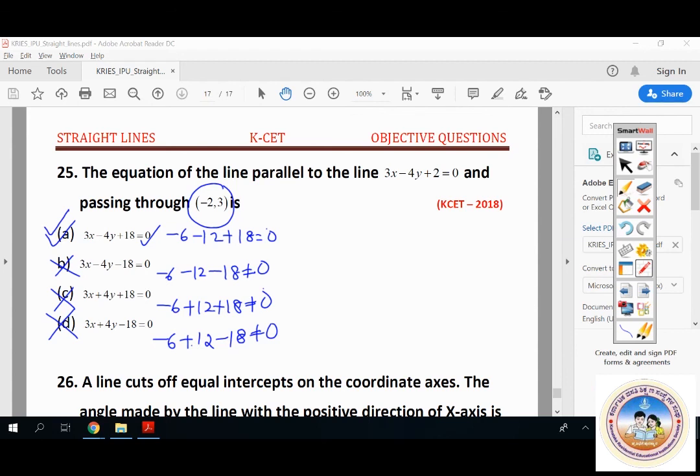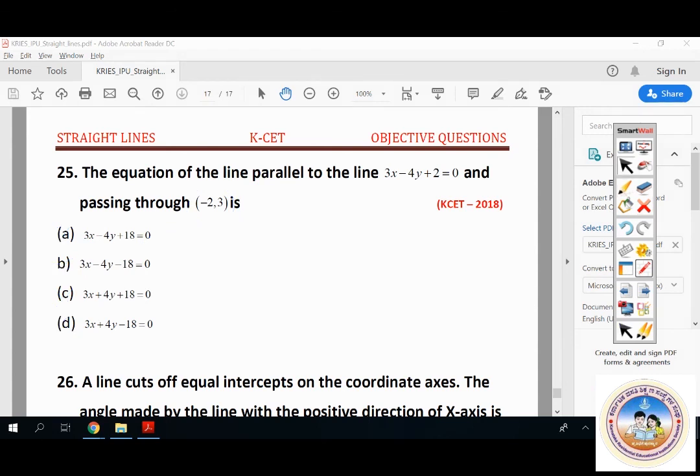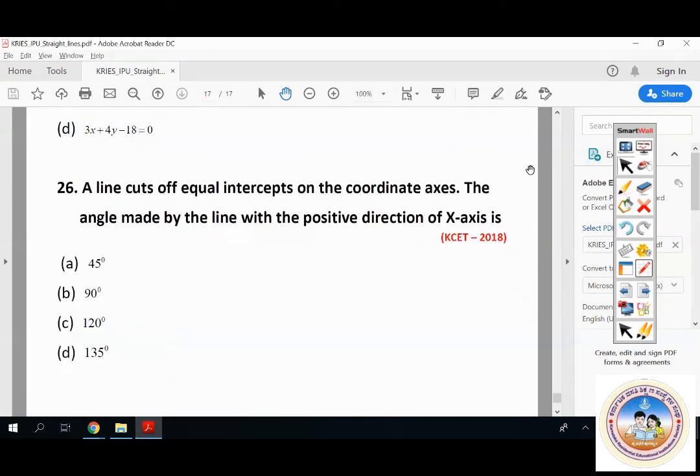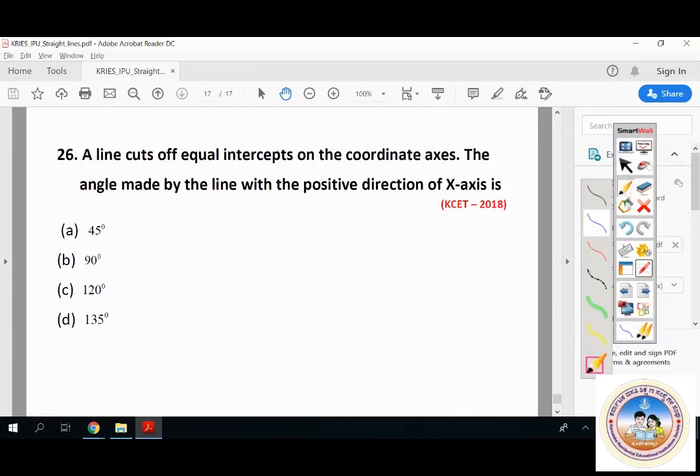ಹಾಗೆ 26ನೇ ಪ್ರಶ್ನೆ ನೋಡೋಣ ಏನಿದೆ. So this is again 2019 ಅಲ್ಲಿ ಕೊಟ್ಟಿದ್ದಾರೆ ಇದು. This is a question of 2019. So a line cuts equal intercepts on the coordinate axis. So equal intercepts ಅಂತಂದ್ರೆ ನೋಡಿ, ಈಗ x intercept ನಾವೇನ್ ತಗೋಣ, it is going to be a.